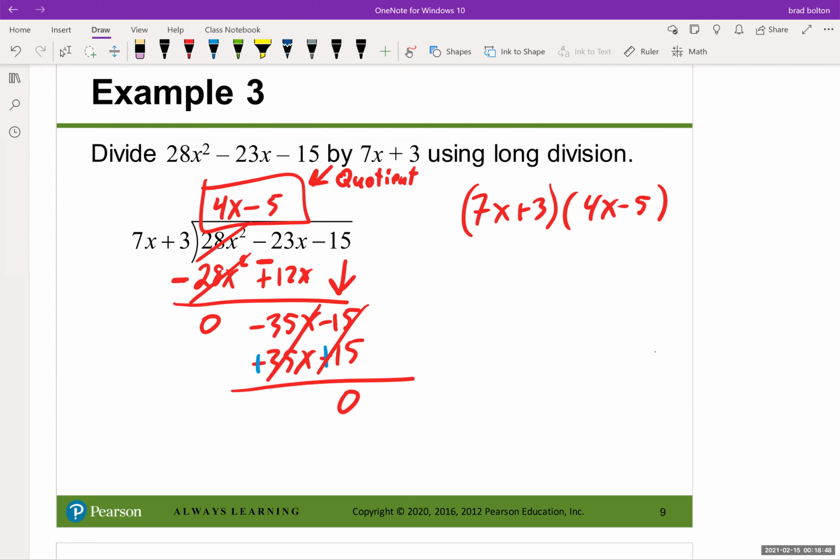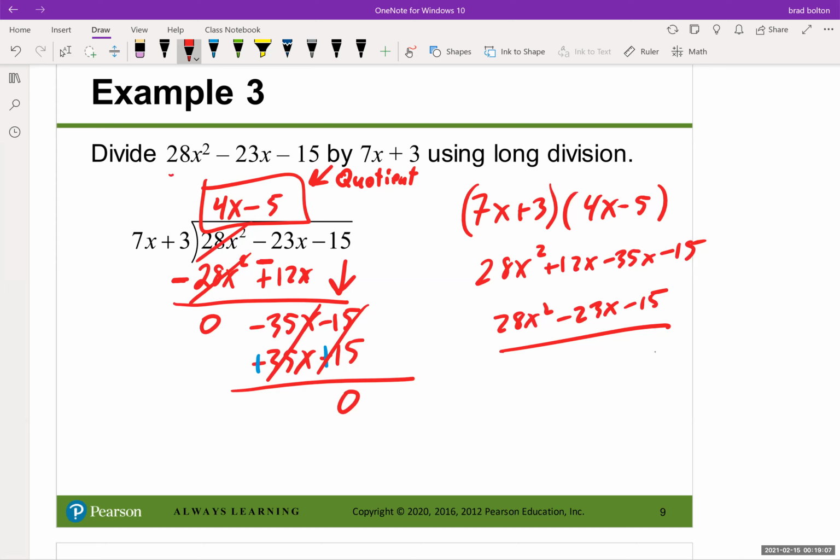So now I'm going to distribute, and let's see what we get: 28x squared plus 12x minus 35x minus 15. So this is 28x squared minus 23x minus 15. That is identical to the original dividend.